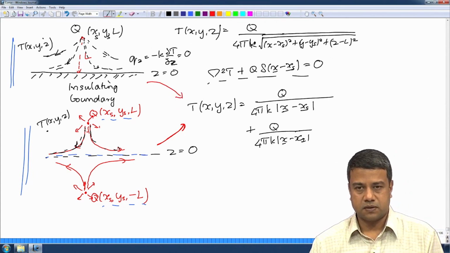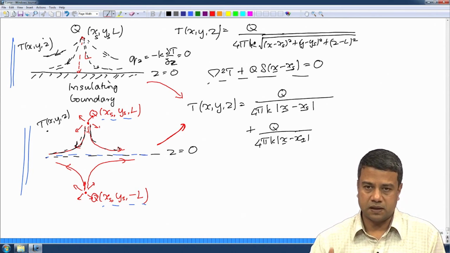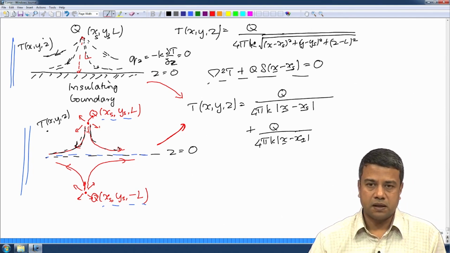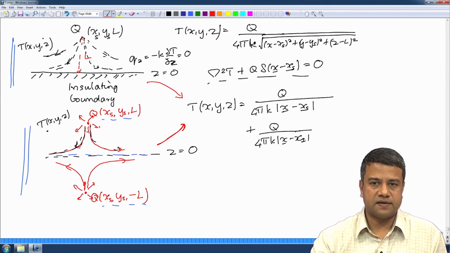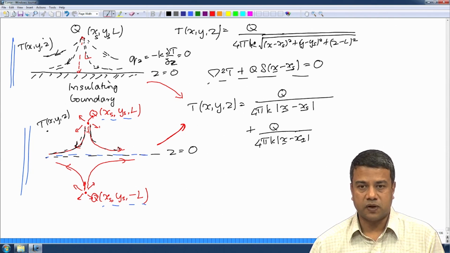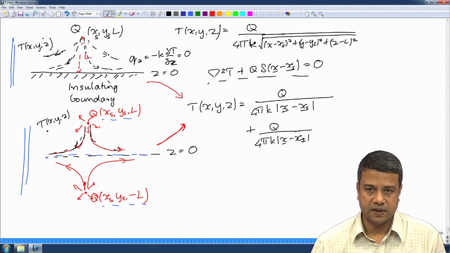So, I have a no flux boundary condition in the physical problem, and the temperature field has to be calculated in the upper half space. I replace it by another problem which has a source in the upper half space and an image source in the lower half space, such that the boundary conditions at the surface are identical to the original physical problem.